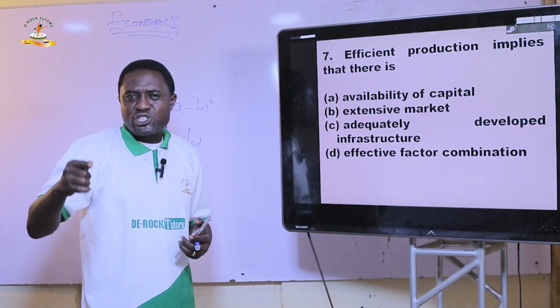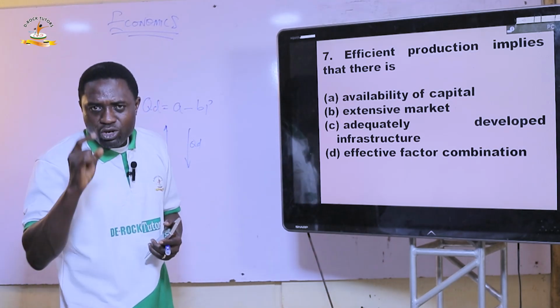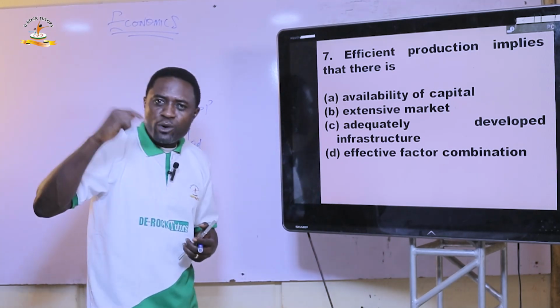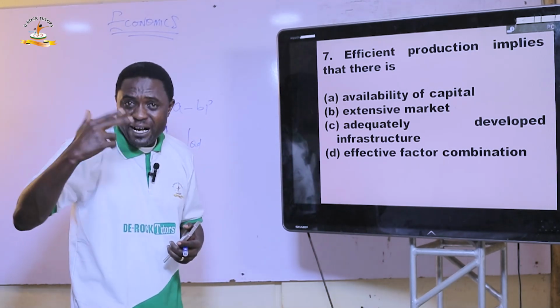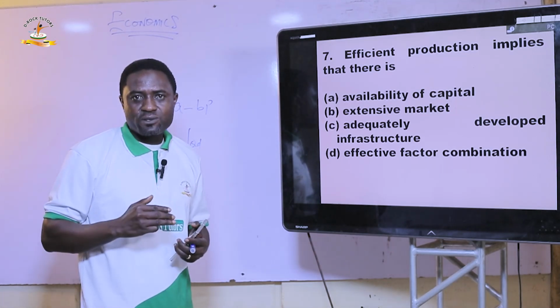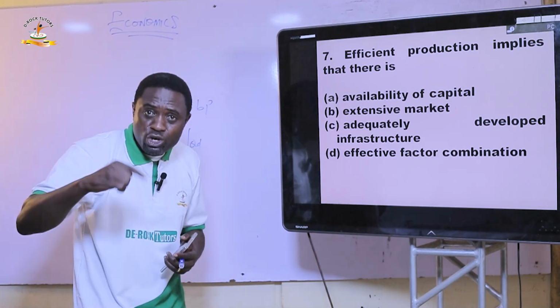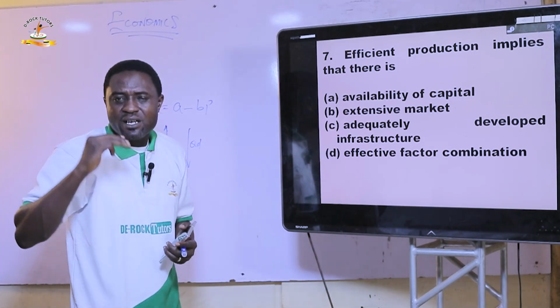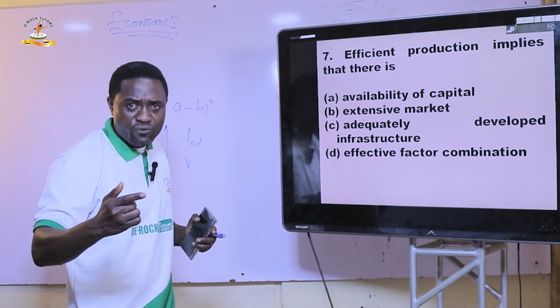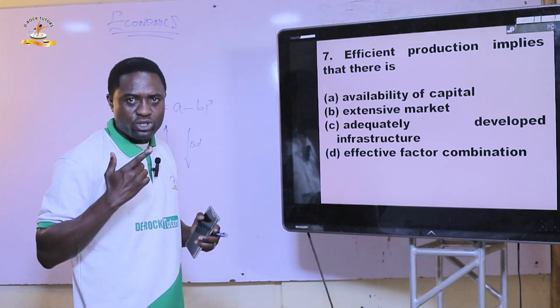When production is efficient, number one, the cost will be minimized. Number two, the output will be maximized. And number three, there will be less wastage. That means you maximize your resources to get the best out of them, and you get more value in return.